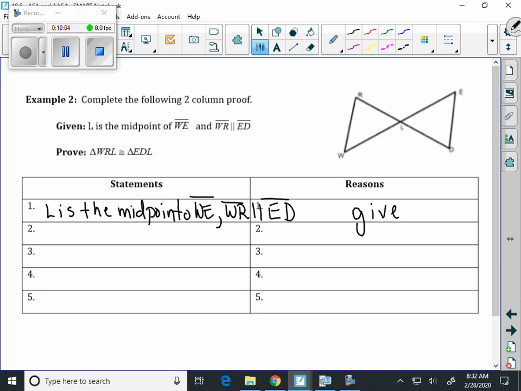It's given. Again, just a reminder, even though you may or may not be able to do this entire proof, there's no reason that you shouldn't write that down, along with what we're trying to prove. Triangle WRL is congruent to triangle EDL. And we don't know the reason.